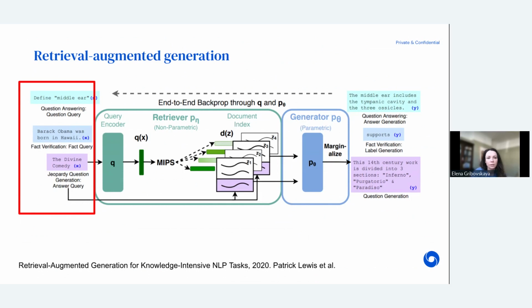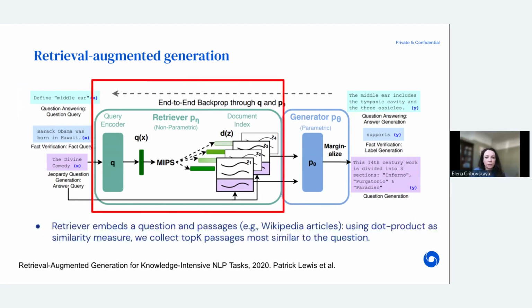The model does not try to answer this question straight away. Instead, it issues a query to a retriever. The retriever in this case is implemented using dual BERT. Questions and passages are embedded using BERT, and passages are, for instance, Wikipedia articles, which are quite a usual source for question answering experiments.